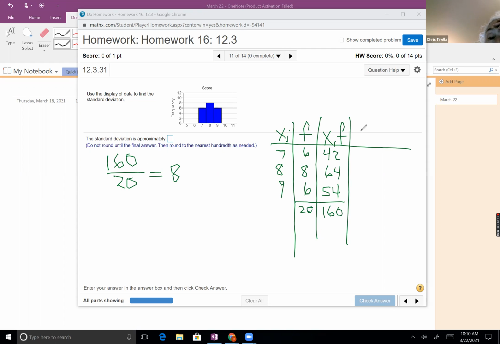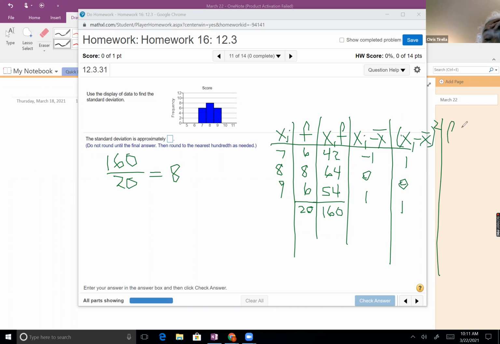Then we're going to take the value minus the mean. So that would be my -1, my 0, and my 1. But then we have to square those, which gives me the 1, the 0, and the 1. But before we add them, we have to multiply them by the frequency.